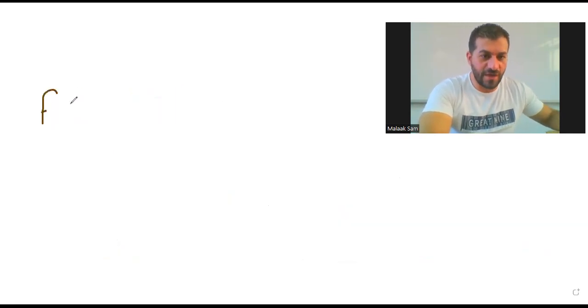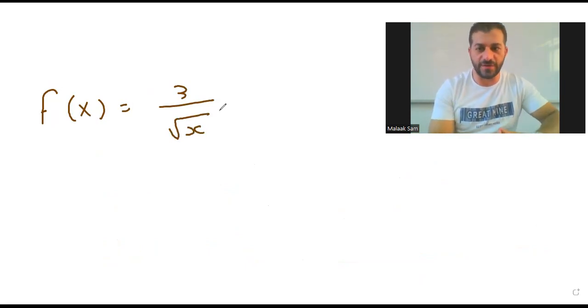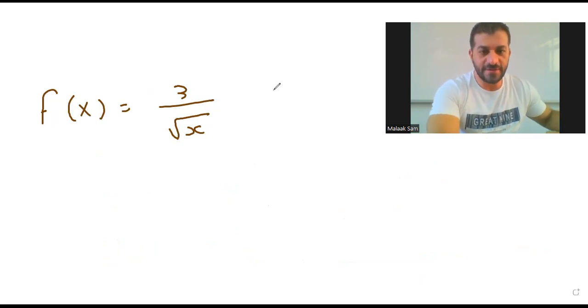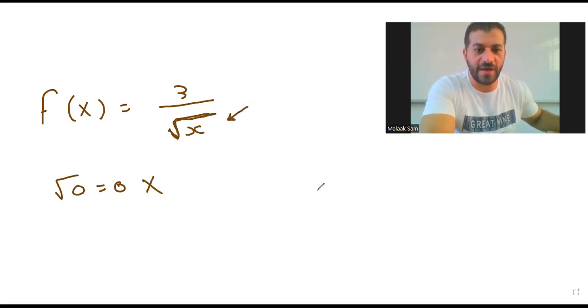If I have a function like f of x equals 3 over square root of x, what are the possible values of x we can find? We can find any value for x except 0, because although I can find the square root of 0, which is 0, we couldn't put 0 in the denominator. And because the square root of x is in the denominator, we couldn't find the square root of a negative value.